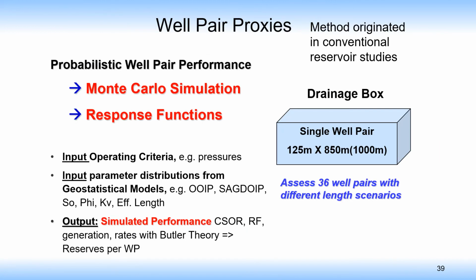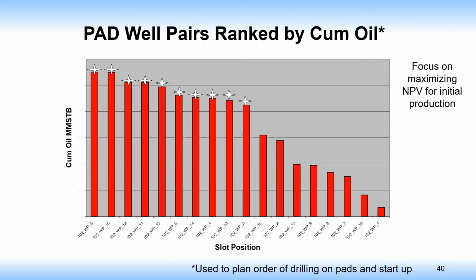So again, in the drainage box, we can use those proxy models. This one, I think, used the physical proxy and get the response function. So we input our parameters to model parameters and simulate some of the factors here. We can rank several slots, well pair slots, and then plan to drill out a few other considerations about which ones are adjacent to one another.